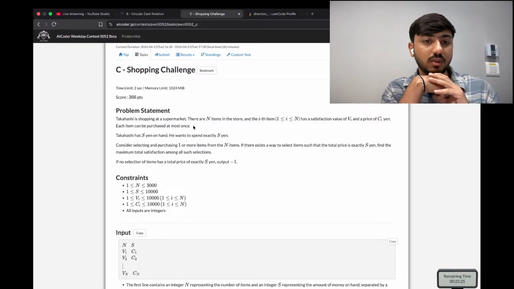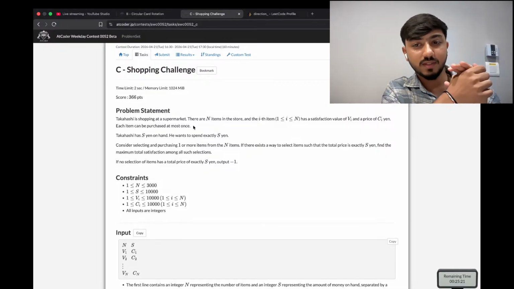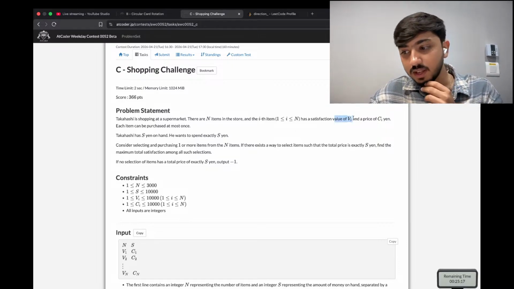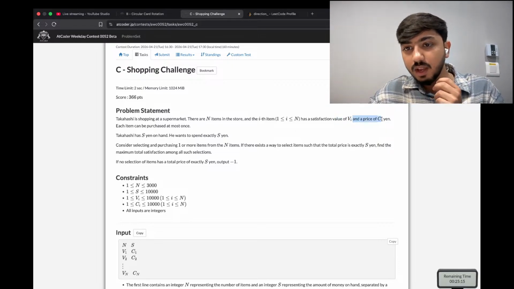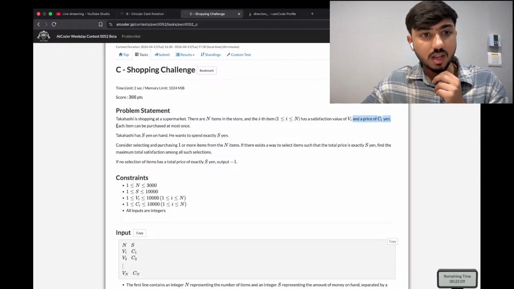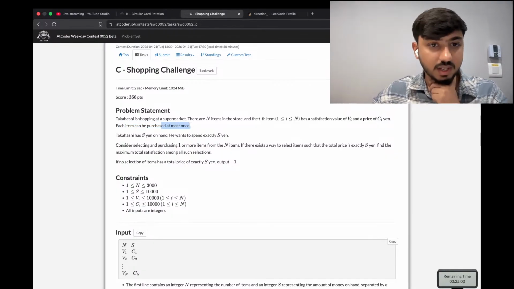Takashi is shopping at a supermarket. There are n items in the store, and the ith item has a satisfaction value of Vi and a price of Ci. Each item can be purchased at most once.